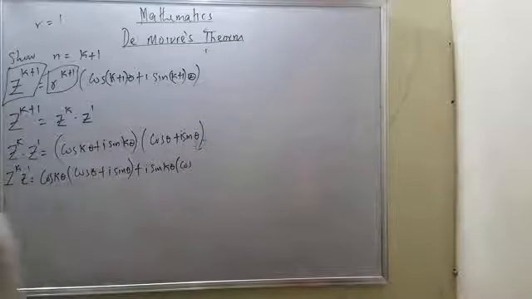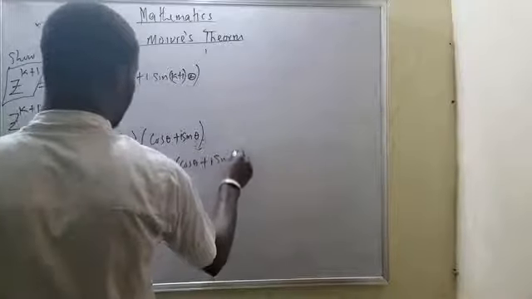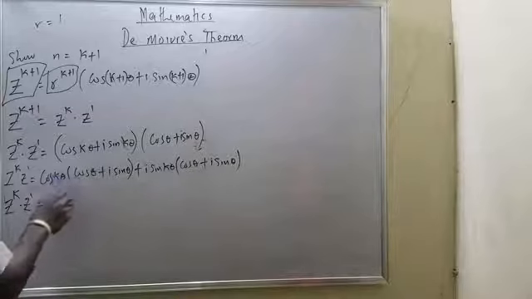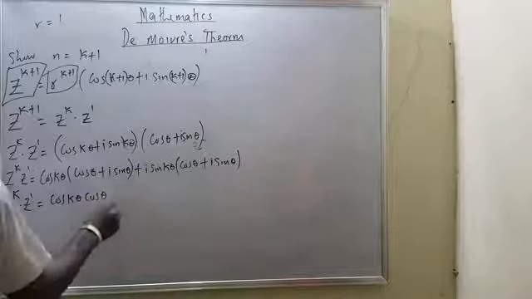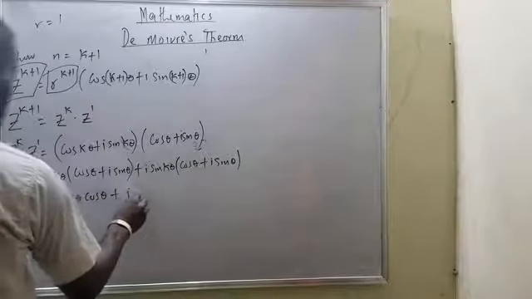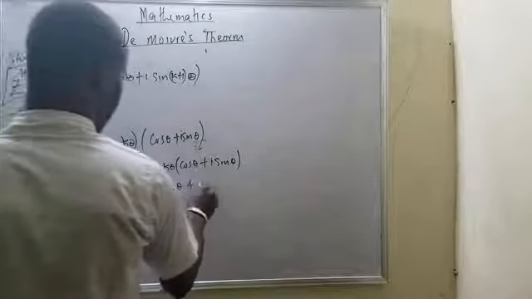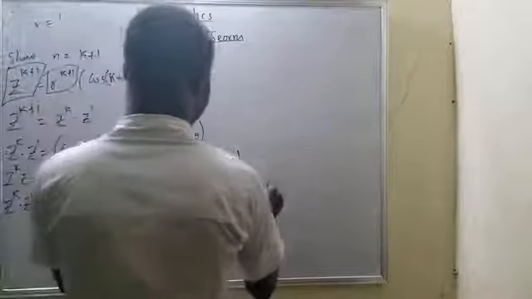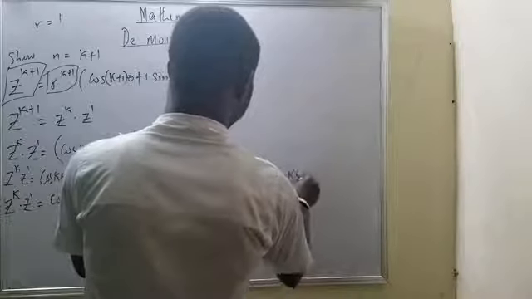Now, if I open the bracket, it means z^k · z equals cos kθ cos θ, plus i sin θ cos kθ, plus i sin kθ cos θ, and plus i² sin kθ sin θ.